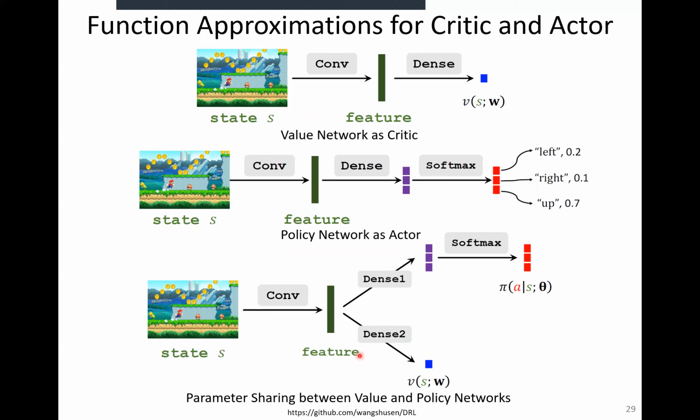Both of these networks require a convolutional network to extract features from the input. So you may share these convolutional layers to have a single network with two heads. One head computes the action probabilities as the policy network, the other computes the value function estimates with a regression head.